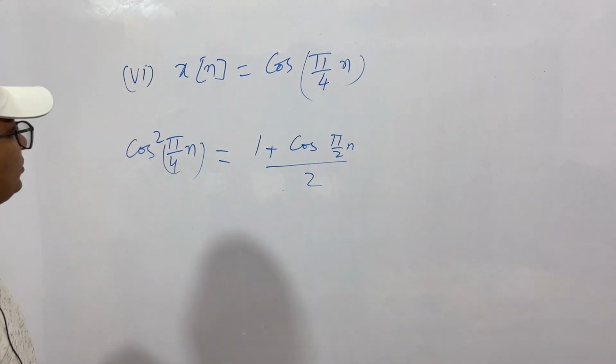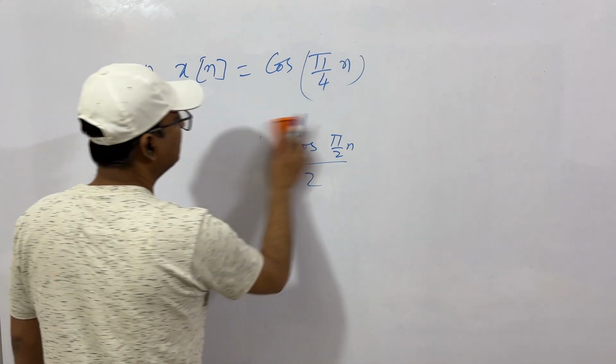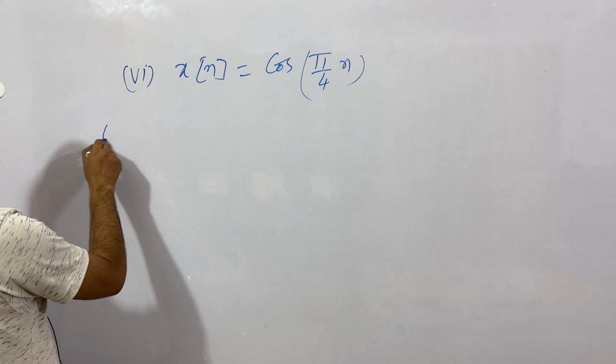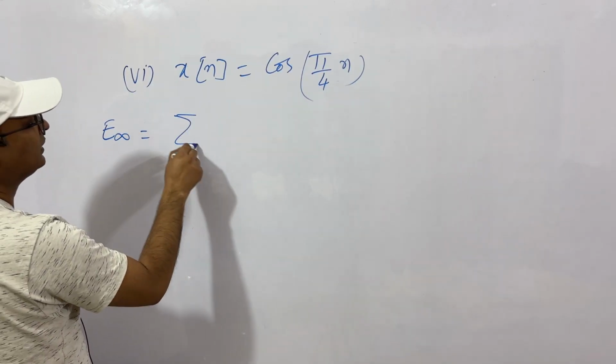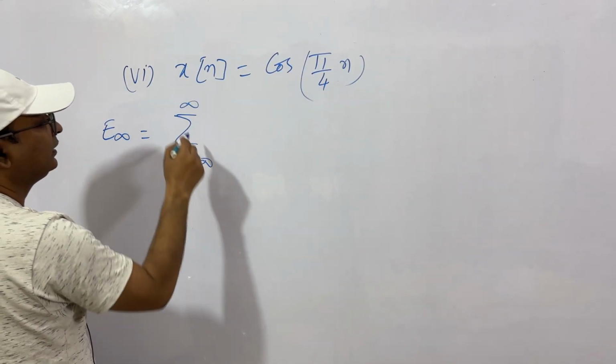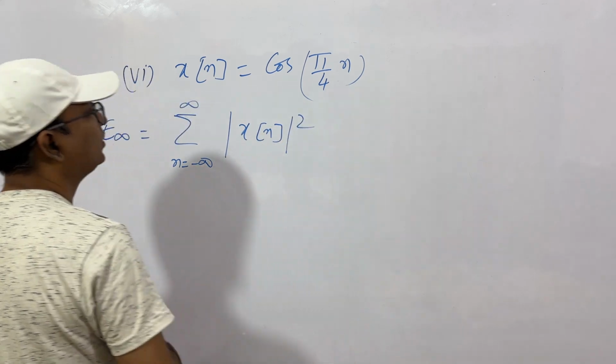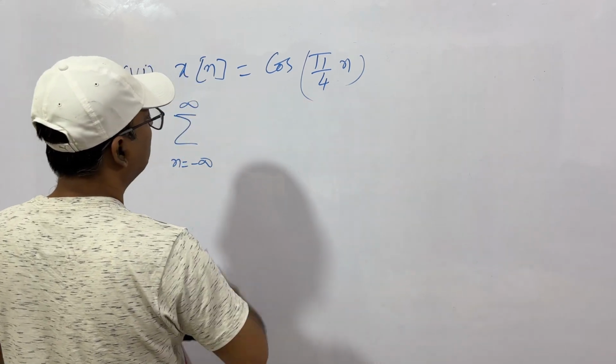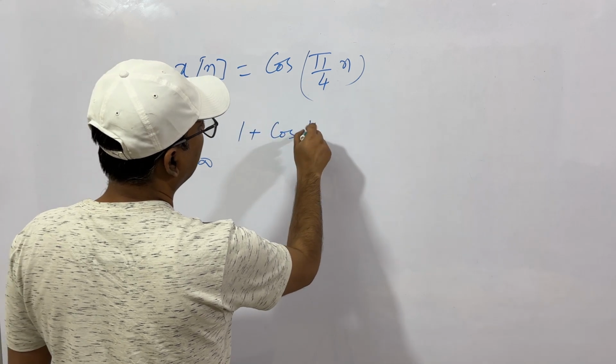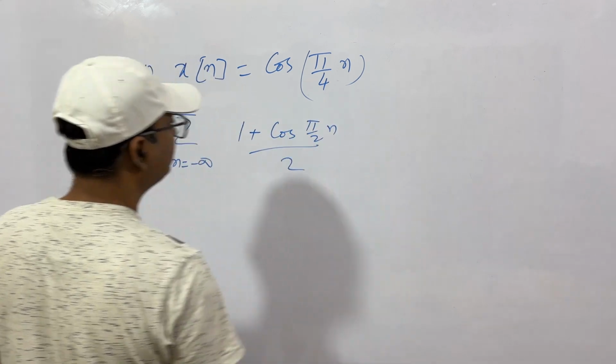This you know, so we'll use it. Let's see how to find E infinity. This is basically the summation from n equal to minus infinity to infinity of |x[n]| square, which comes to (1 plus cos(pi by 2 n)) by 2.